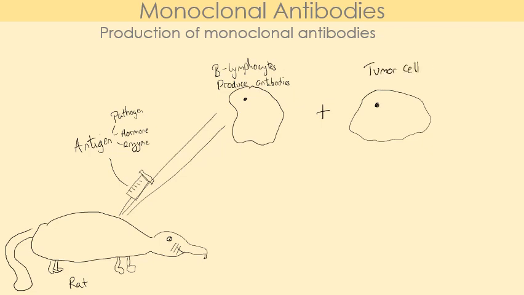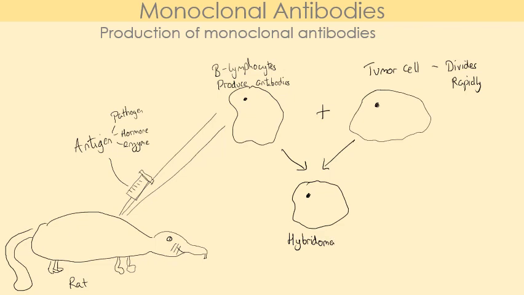Now, a tumour cell divides rapidly, and this is important. Once we have combined these 2 cells, we have a resultant cell called a hybridoma.